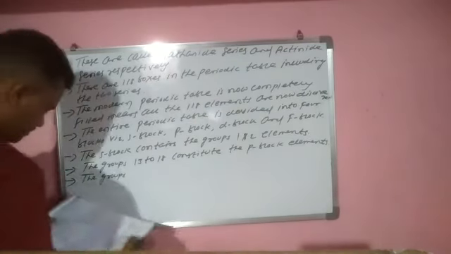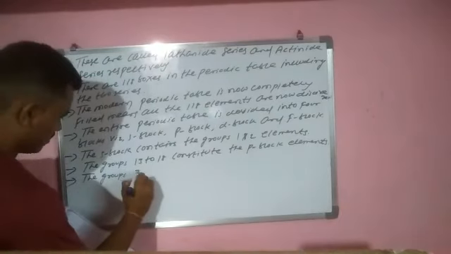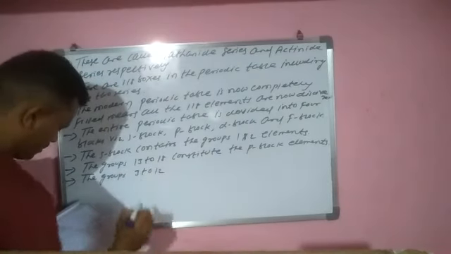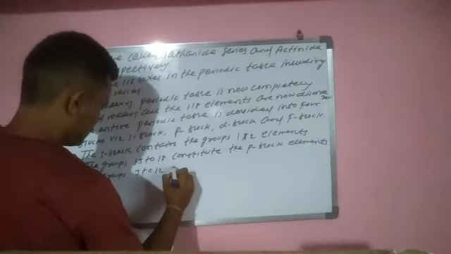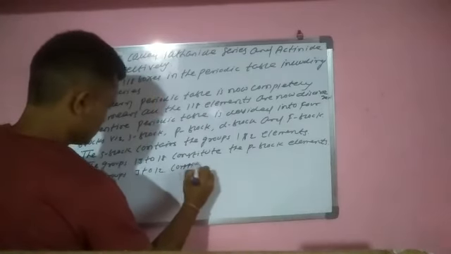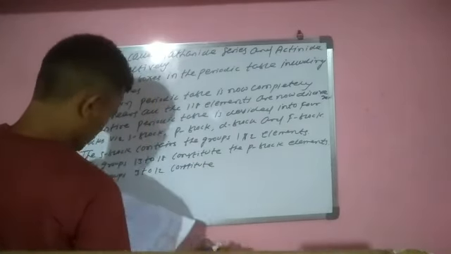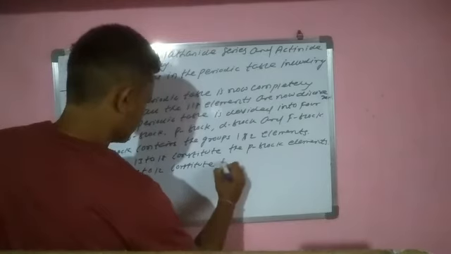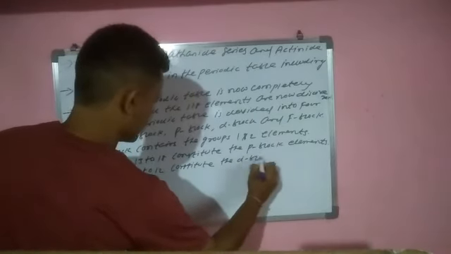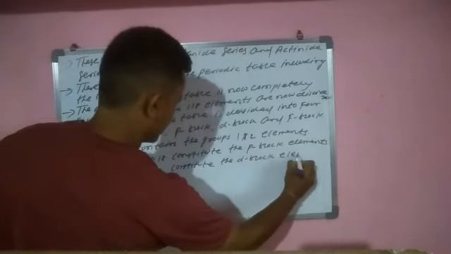The groups 3 to 12 constitute the D block elements.